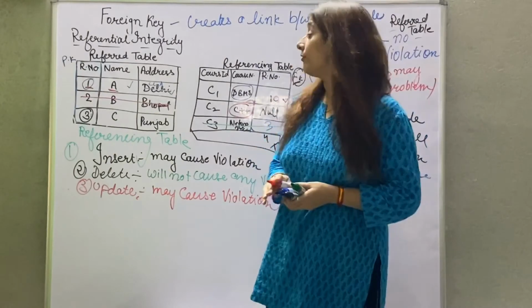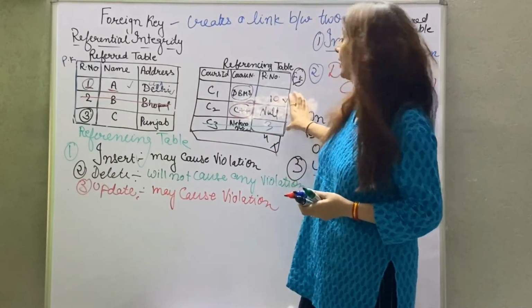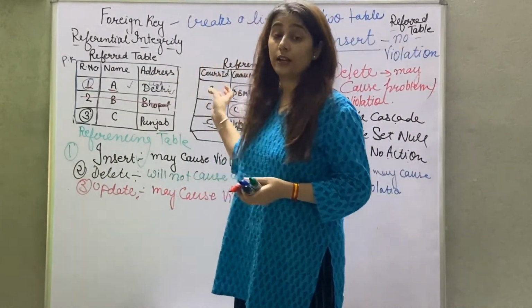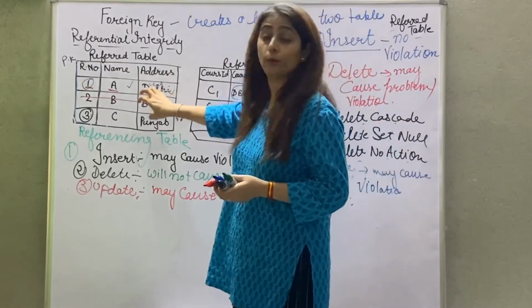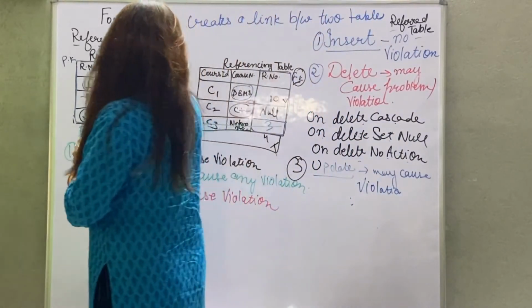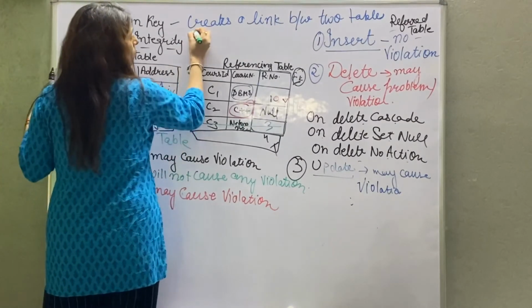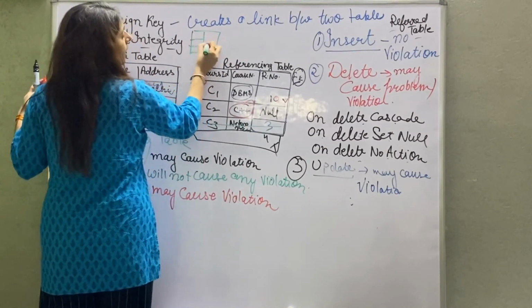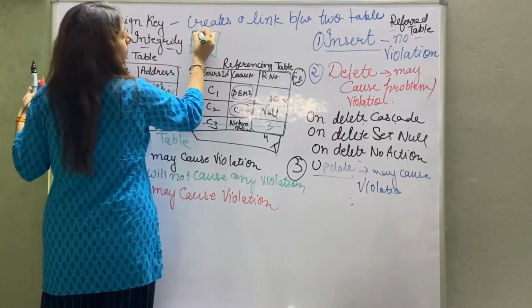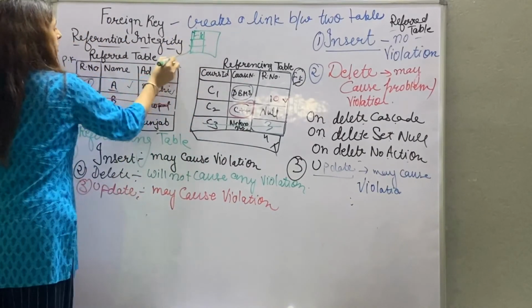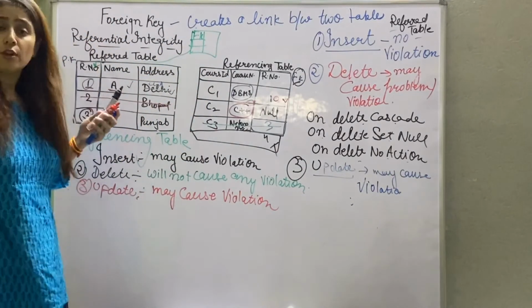Suppose this is one table that is taking the reference from this table, but there can be another table also. Suppose there is another table with a foreign key here also. It will also take the reference from here.